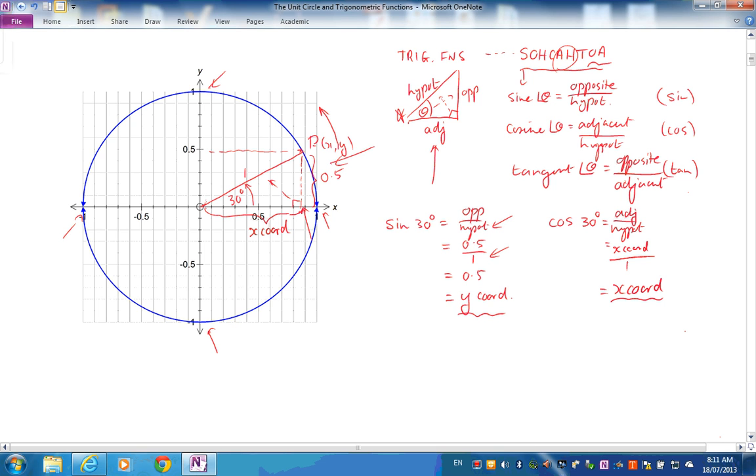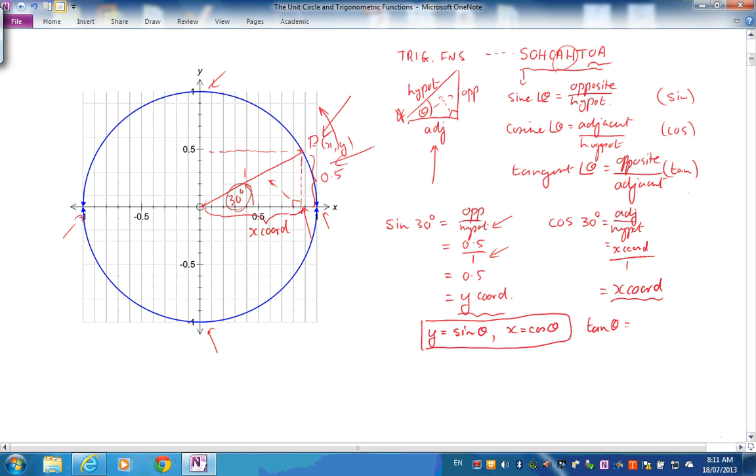Hey, this could be a good place to work. In other words, this point here, going around at the end of the angle 30 degrees, its y value is the sine of the angle, and the x value is the cos of the angle. That could be interesting. All right, well, if we do that, what's tan?